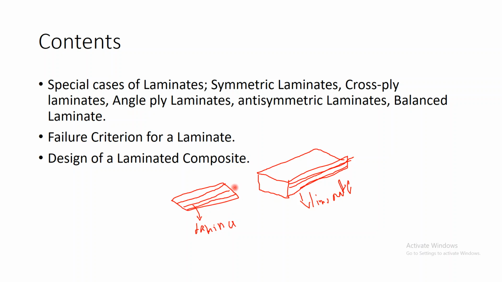Say, if I take this as the x-axis and this as the y-axis, and the fiber orientation is right now aligned along one direction of the coordinate system, I'm going to call it 0 degree.